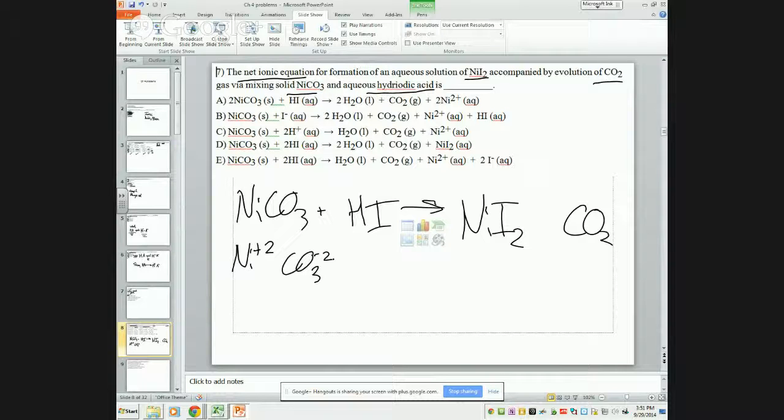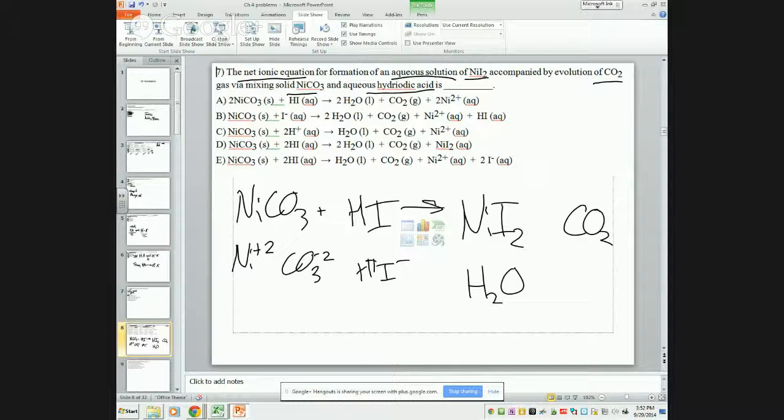Hydroiodic acid, it's an acid, so you know it breaks up into H plus and I minus. And we got nickel iodide and CO2. All right, so that's formation of aqueous solution of Ni2+. The thing that we're missing is H2O. My bad. Aqueous solution. So we got some H2O in there. That's where the hydrogen's going.